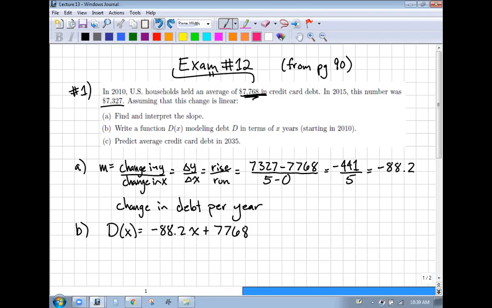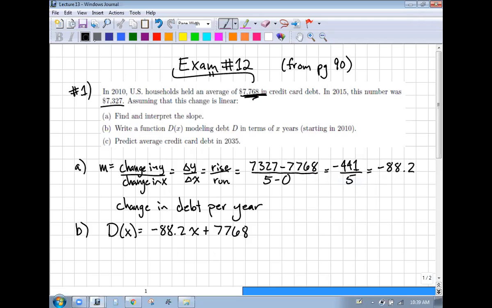So after 5 years, the debt would decrease by $441, which would leave us at 7,327. So that's our function. We just need to find the slope and then the y-intercept. And the y-intercept is what you get at time 0, or when x is 0. Remember when you graph, that letter b is the value you get when your input is 0.